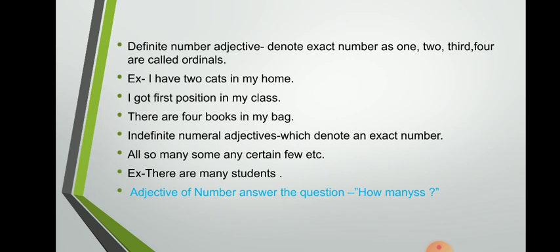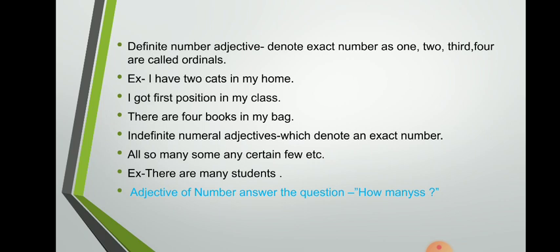Let us see the examples. I have 2 cats in my home. I got first position in my class. There are 4 books in my bag. Here first, 2, 4 are the numbers which show the exact number in the sentences, and ordinal adjectives show the order, or we can say sequence, of the exact number.